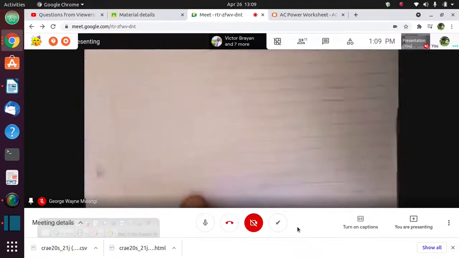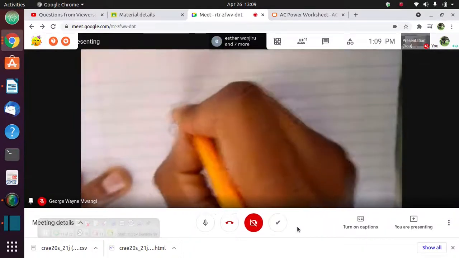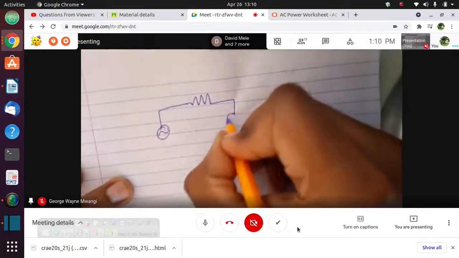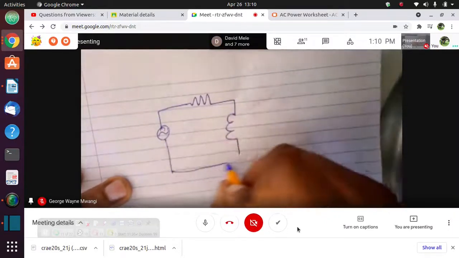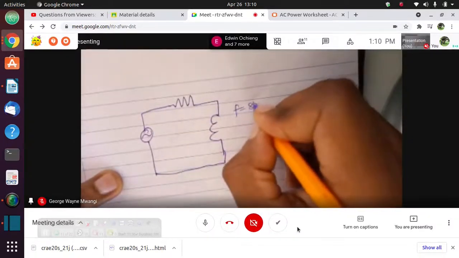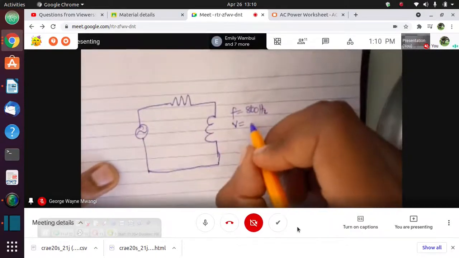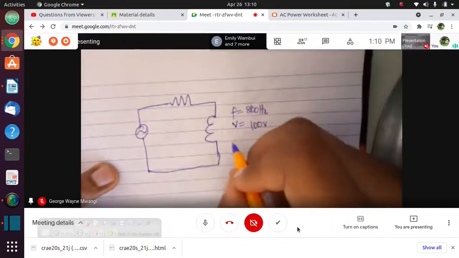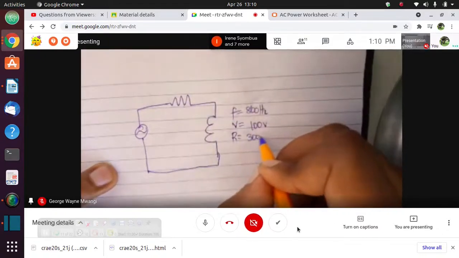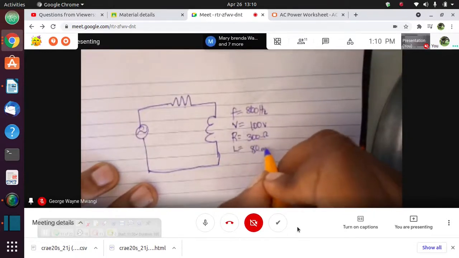Now, we have been given a circuit. It is from one of the examples we did before. You have been given that the frequency of supply is 800 Hertz, the voltage supply, AC supply, is 100 volts, the value of the resistor here is 300 ohms, and the value of the inductor is 80 millihenries.